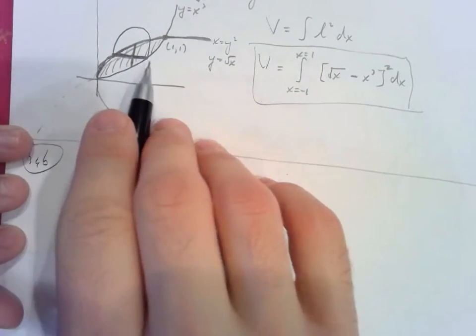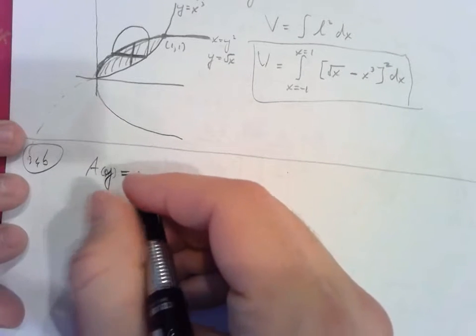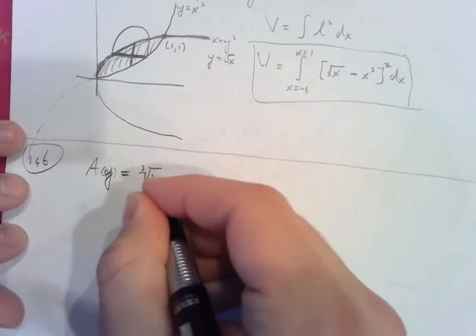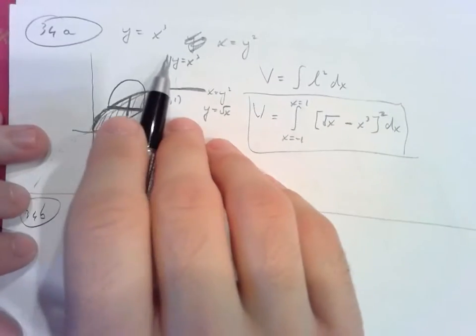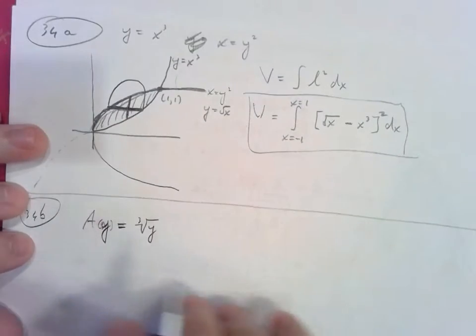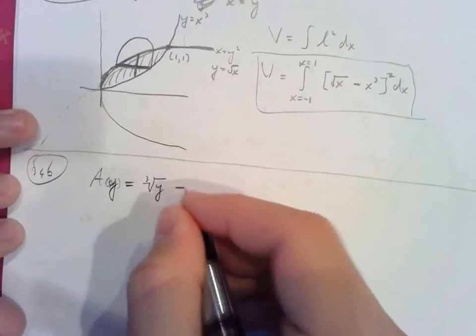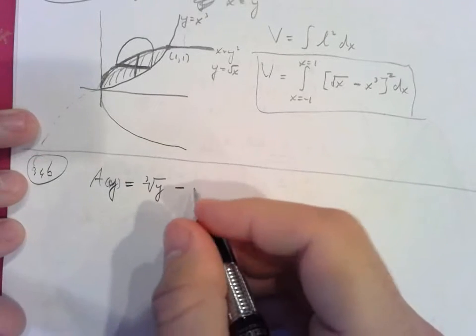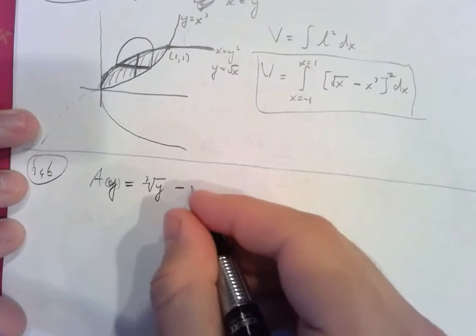So the top curve now is cube root of y. I just solve for x in this equation here, so I get x equals cube root of y minus, the bottom curve is y squared.